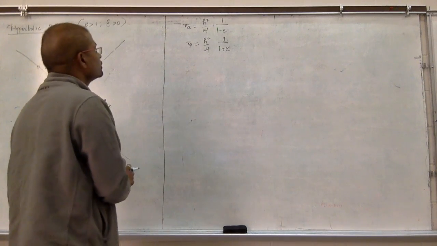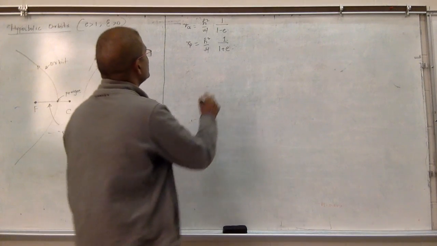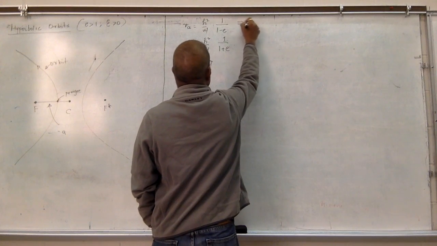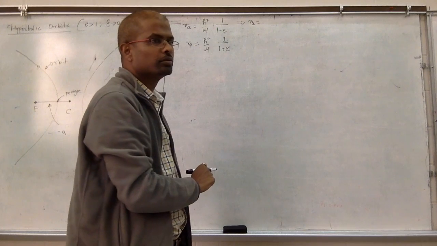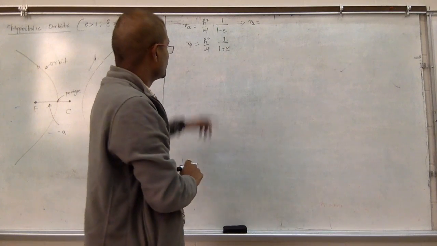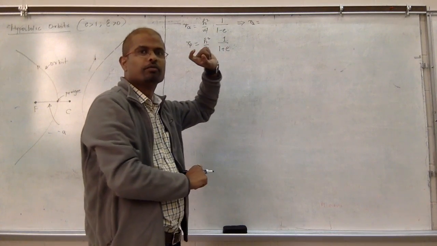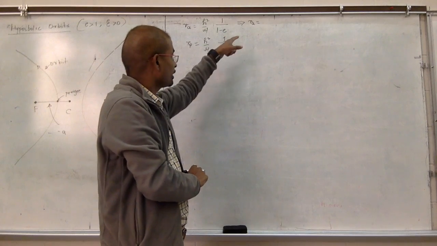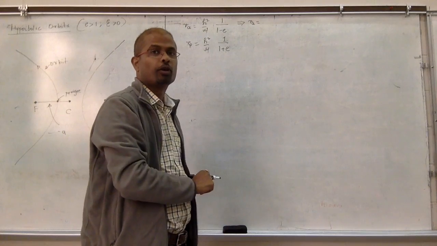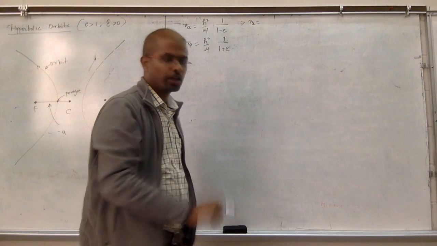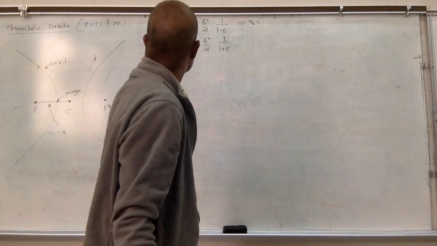What do you see here? So this implies RA is equal to... Right. Why is RA negative? E is greater than 1, right? So your RA is negative. Tell me what is RA there?